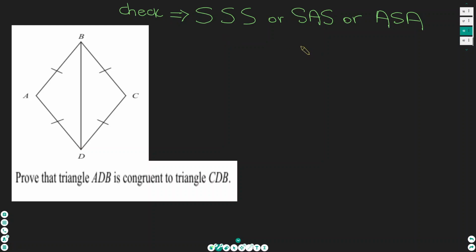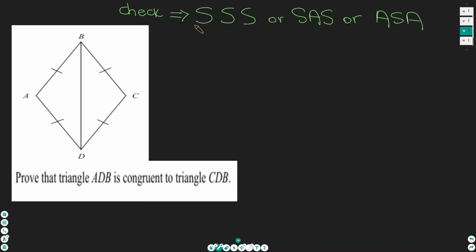Another condition that needs to be true is the S, A, S: side, one angle, adjacent angle, and the neighboring side. Or the third condition that they need to satisfy is angle, adjacent side, and angle.